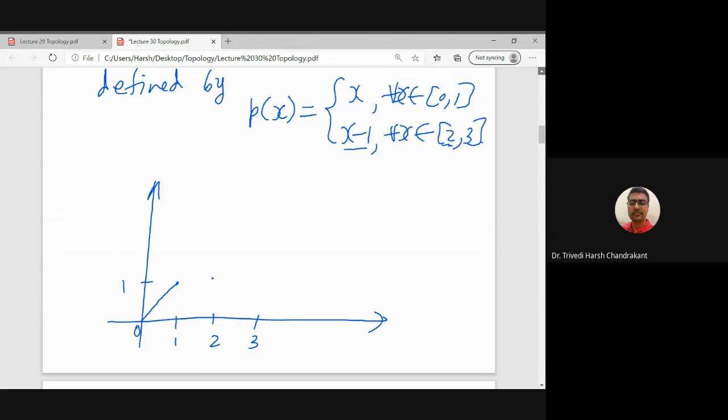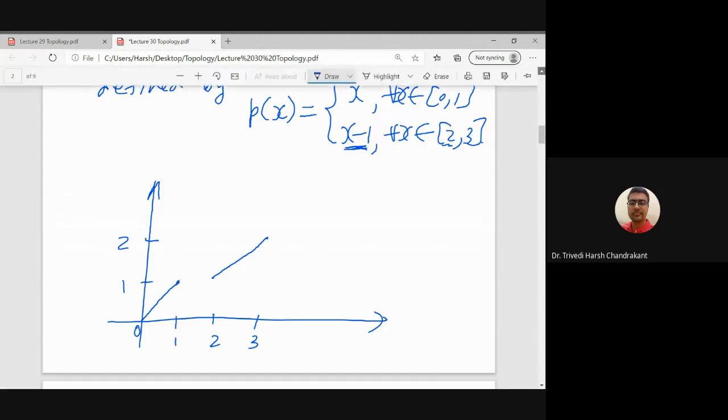So it will start again from this point and at 3 it will take value 2, and this is the equation of a line, so we join it as a line segment. So this is the graph of P. These both points are at the same height, right?